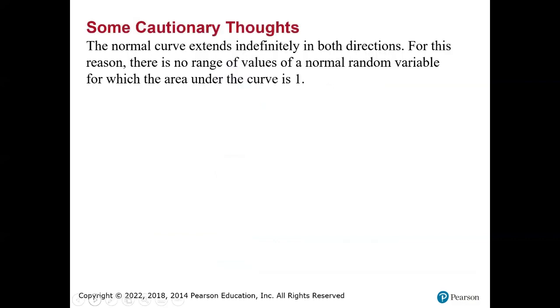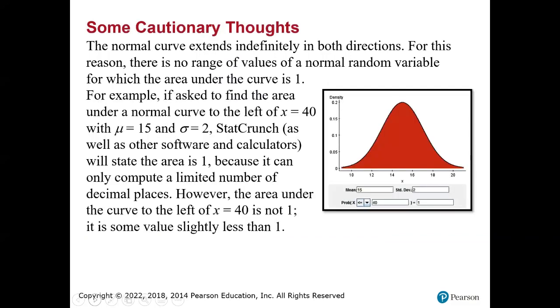Just remember that the normal curve does extend infinitely. So there is no specific range of values that we can say, oh, I have to specify here to here. That curve continues. We can have really, really low values, really, really high values. It is possible. Just remember that the entire area does equal 1. There may be times when you do a test and you get 1, and that is okay. What it's basically saying is that you've pretty much reached the end here.